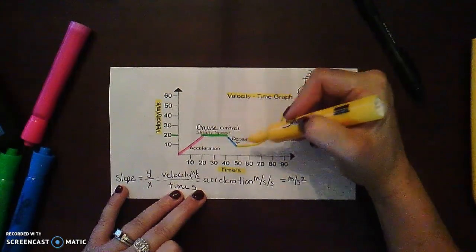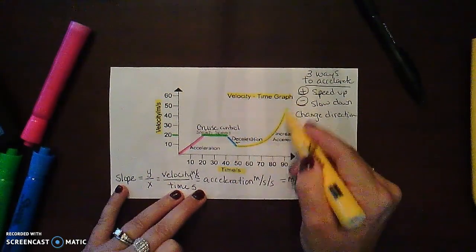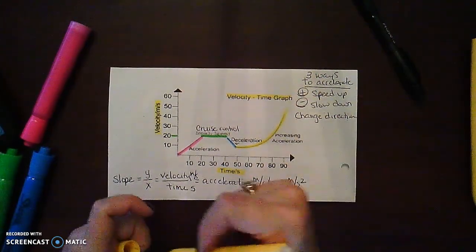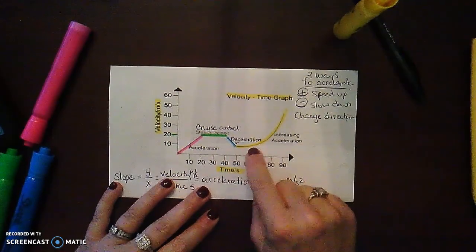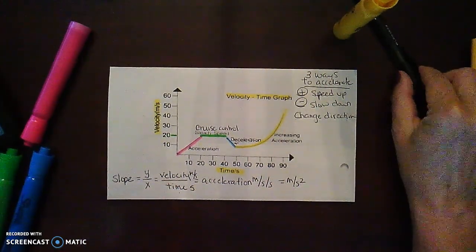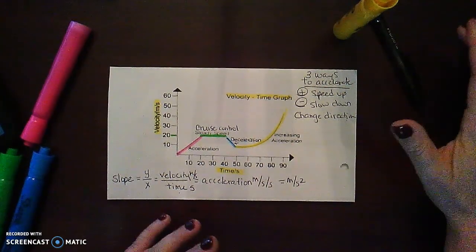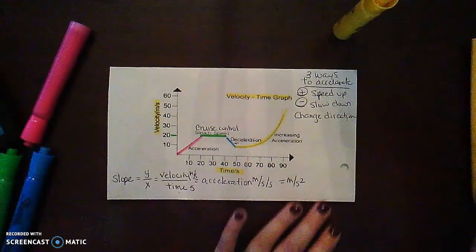A negative slope is deceleration, slowing down. And then if it's a curved line, it means it's not a constant acceleration. It means that you're just slowly accelerating, and then, man, you hit the gas and you are flooring it. Similar, but very different from the distance versus time graph.